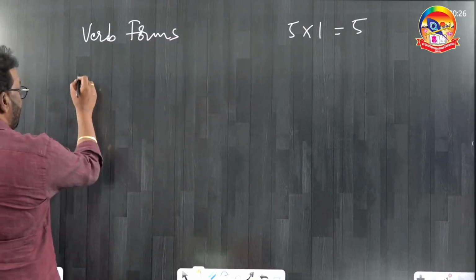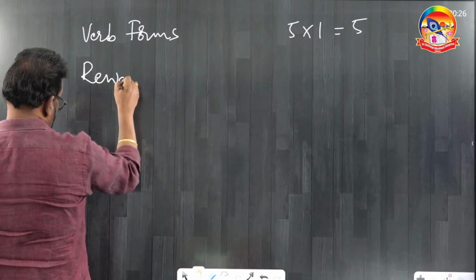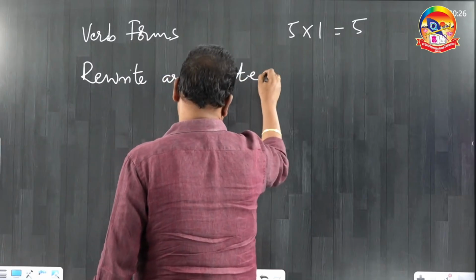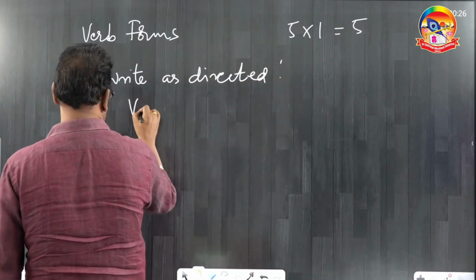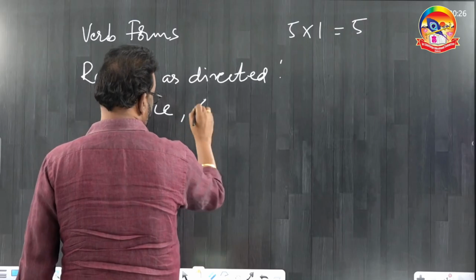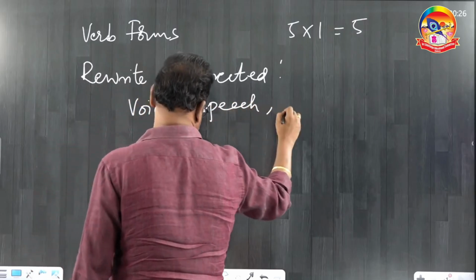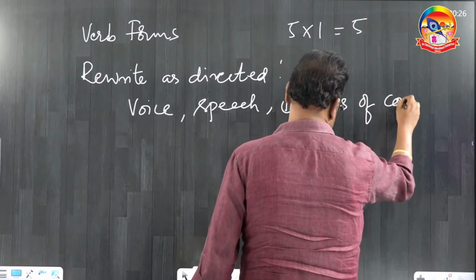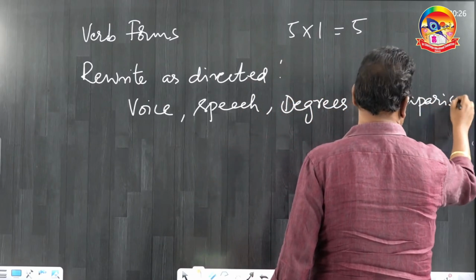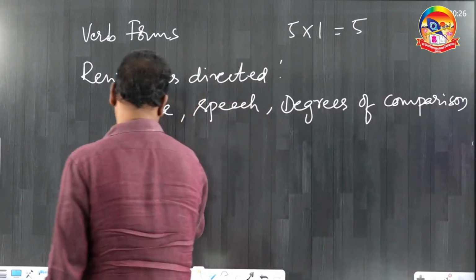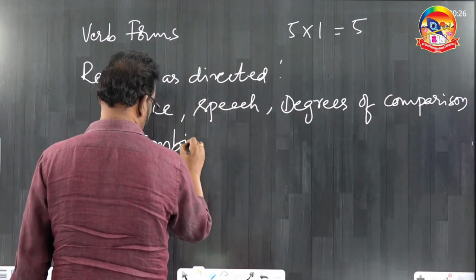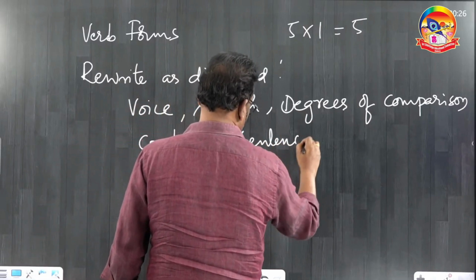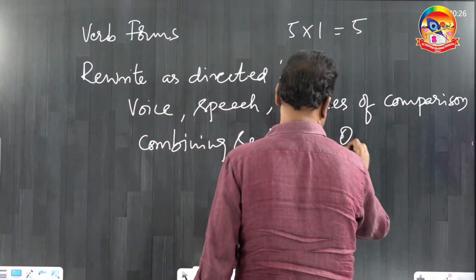And the next one, rewrite as directed. Under this one, we have voice and speech, degrees of comparison, and combining sentences, and question tags.